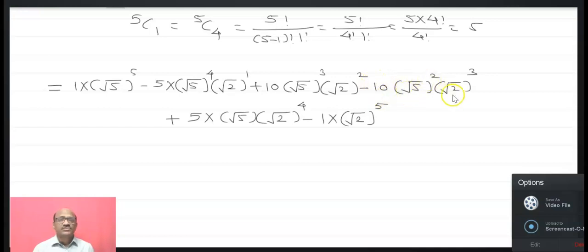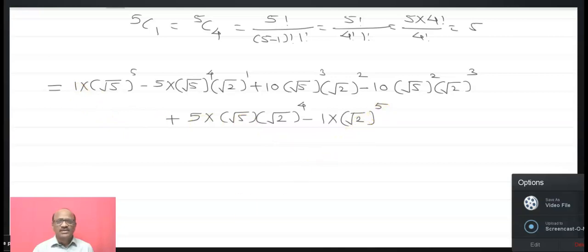Root 5 raised to 2, root 2 raised to 3. Next, the value is 5c4, that is again 5. Then we have root 5 raised to 1, root 2 raised to 4. And last is 5c5. This value is 1. The values 5c5 and 5c0 both have 1, and root 2 raised to 5.